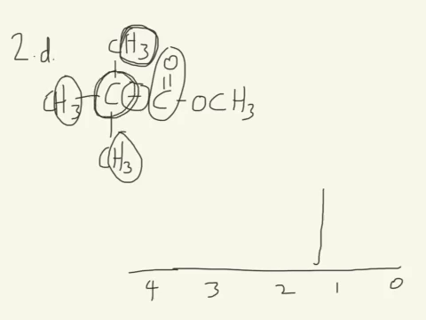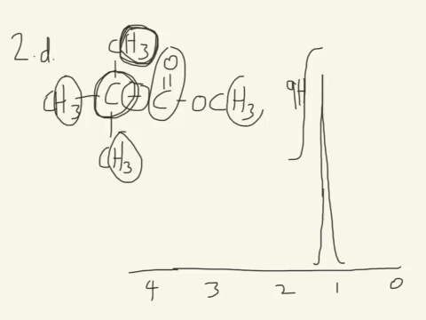So this carbon serves as a buffer, and it keeps the methyl hydrogens from getting split at all. So this is just one gigantic singlet with a huge integration line to indicate there are 9 hydrogens that are causing that signal.